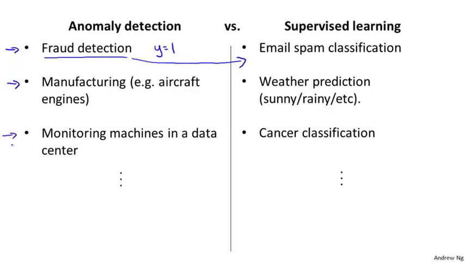Monitoring machines in the data center, again, similar sorts of arguments apply. Whereas email spam classification, weather prediction, and classifying cancers, if you have equal numbers of positive and negative examples, or if you have many examples of your positive and your negative examples, then we would tend to treat all of these as supervised learning problems.